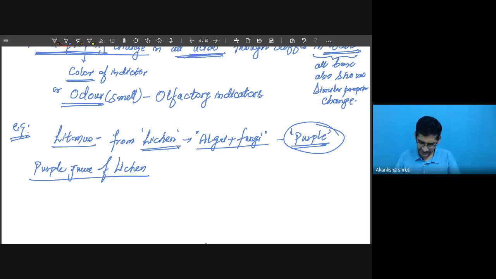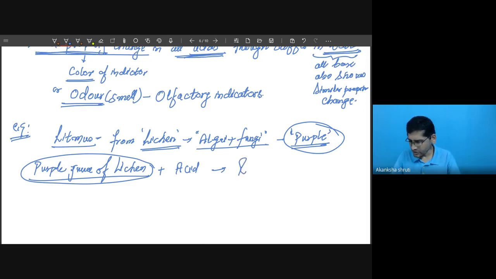So if you add or put this in an acid or a base, you will observe a color change. If you put it in acid, you will observe that this purple color changes to red.